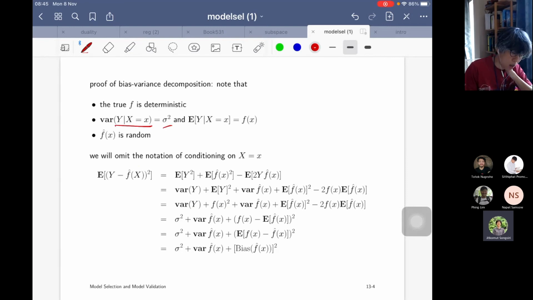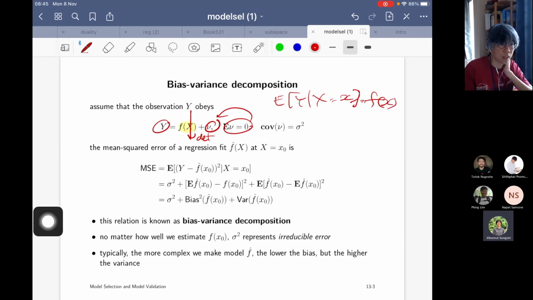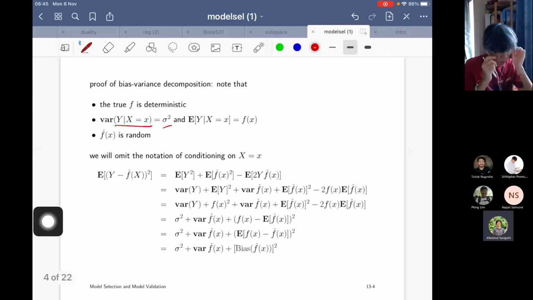The conditional mean of y given x is of course f(x), because the noise has zero mean.